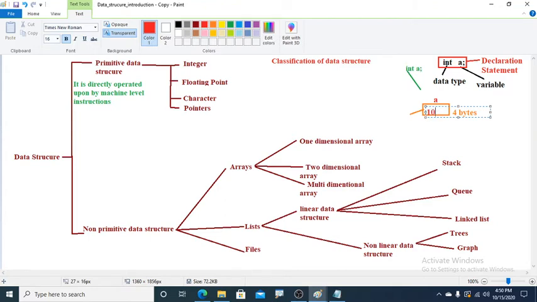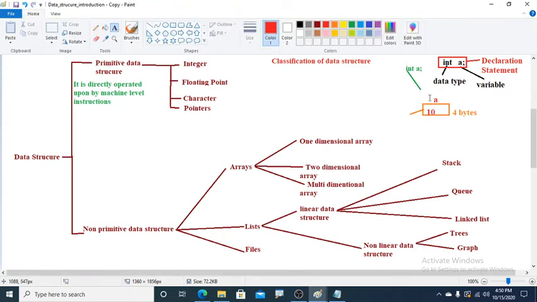The memory allocated is 4 bytes of empty memory, and when we place some value, some bytes of it will be occupied, not all 4 bytes. There is a range, 2147483648 and so on. If the value is within the range, it will be accommodated, otherwise it won't.